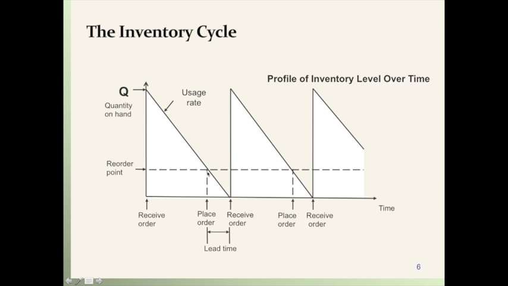So I place the order and I get the inventory right at the precise moment that I need it, and here's my new inventory. So that's the inventory cycle, and that's with a nice level inventory. But even if the inventory is not real level, if you have this reorder point, it's whenever you get to it. So this is a perpetual inventory.